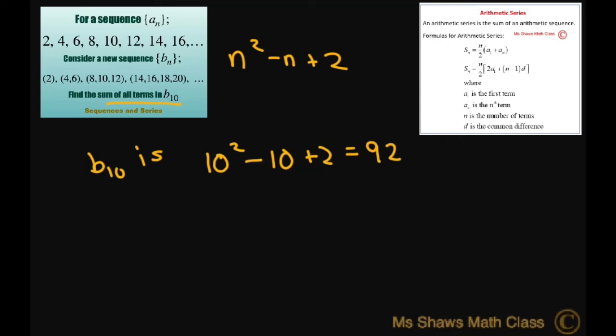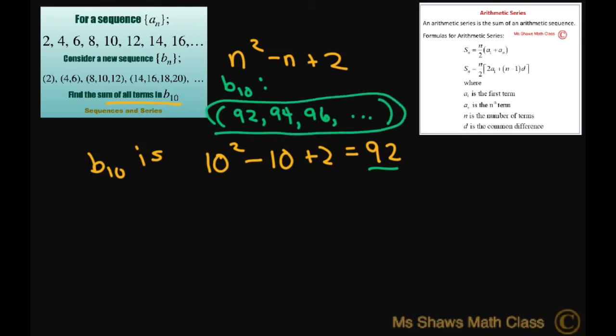So therefore, if you have the sequence b sub 10, it's going to be 92, that's going to be my first term. Then we'd have 94. Then you're going to go up by 2, so 96, and dot, dot, dot. So that's what we did there. This is your first term for this whole thing, which is going to equal b sub 10.